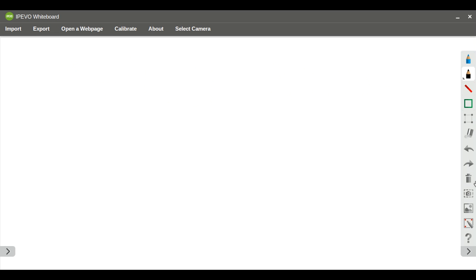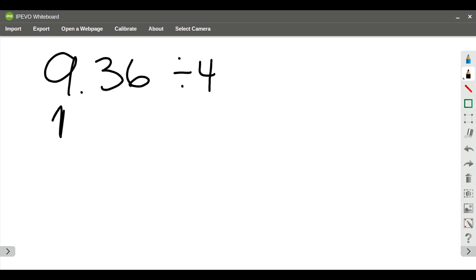Okay. All right. Let's take a look at your guided practice on the next page. It says number 1, should you start dividing the ones first or the tenths first to find 9 and 36 hundredths divided by 4? So we would start with the ones first.